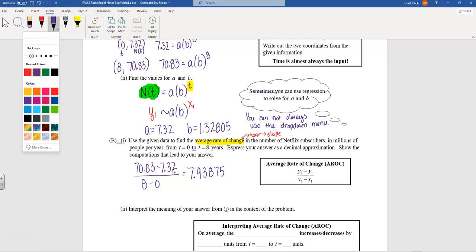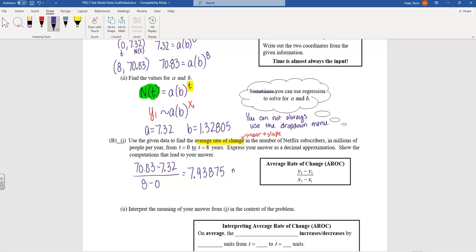Those are subscribers, specifically million subscribers, right? So this is million subscribers. And then what about 8 and 0? What are those? Those are years. So this is million subscribers per year.